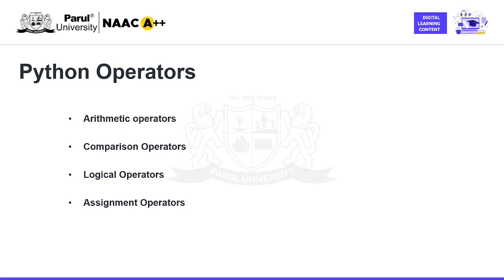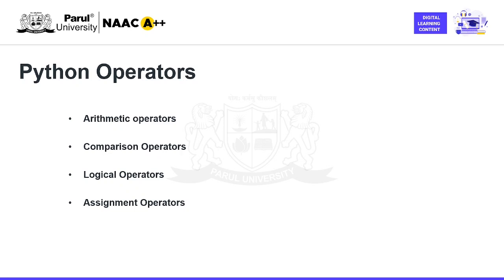Operand means the value on which we perform the operation. Like, addition operation is performed on what? We can say we perform the addition operation on the values of A and B.